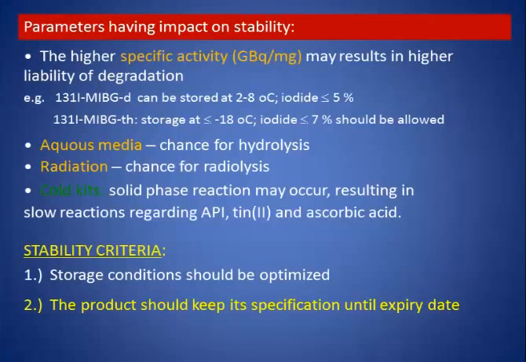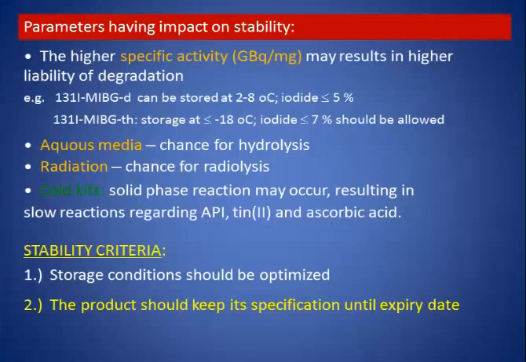So, parameters having an impact on stability. We always need high specific activity, but high specific activity actually sometimes might give you degradation of the compound. So especially with MIBG I-131, when you receive MIBG I-131 with high activity, always keep it in the fridge, and actually freeze it.